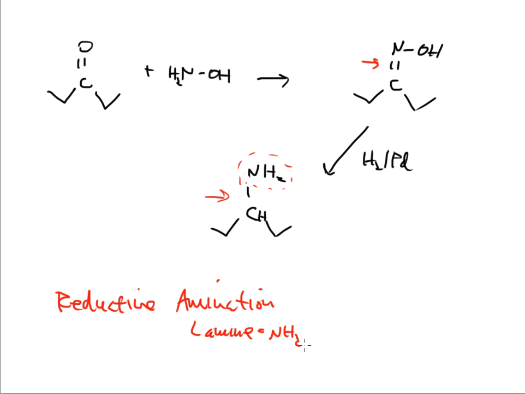So reductive amination basically means we are reducing the number of carbon to nitrogen bonds in order to make an amine, which is the amination part of this reaction. So reductive amination, that is the term that we use for these types of reactions, okay?